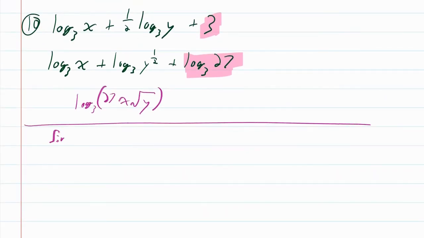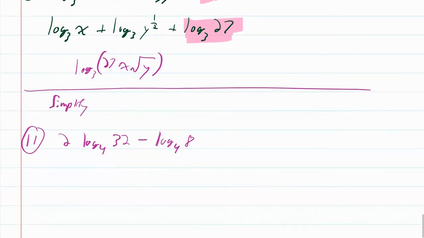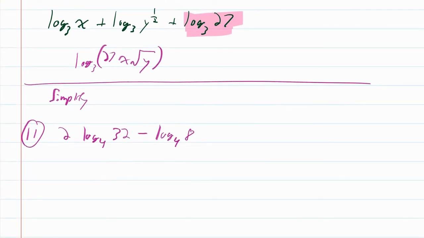You'll also see directions that say to simplify, and these can be a lot quicker than it seems. 2 times the log base 4 of 32 minus the log base 4 of 8. So again, we're just going to move everything to become a single logarithmic expression and see where that takes us. This is going to be the log base 4 of 32 squared, then divide, which means over 8.